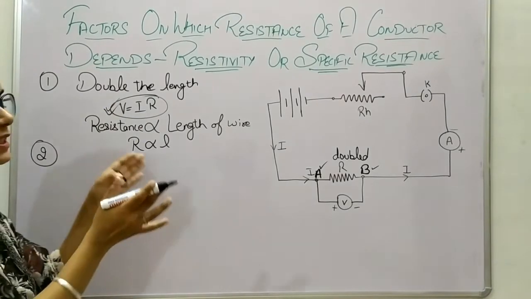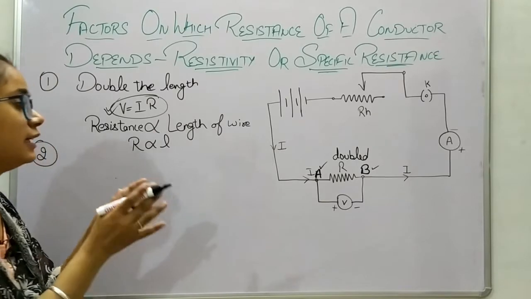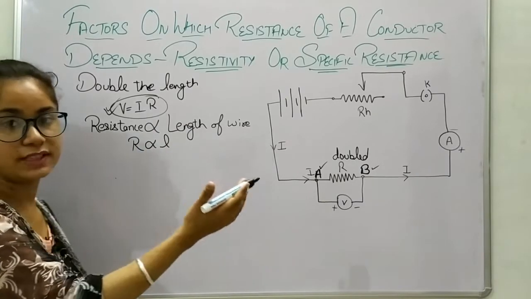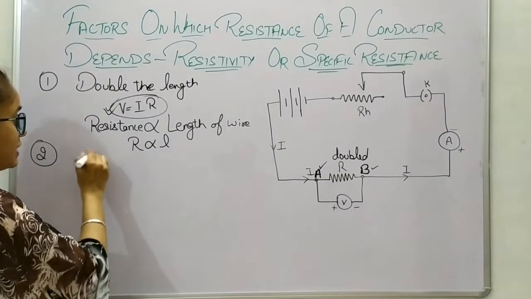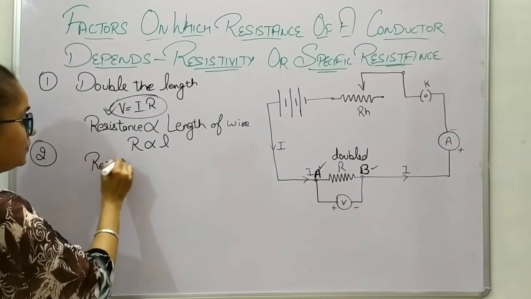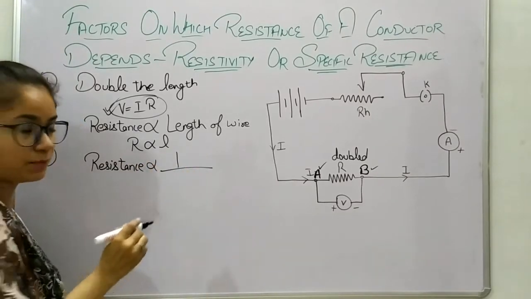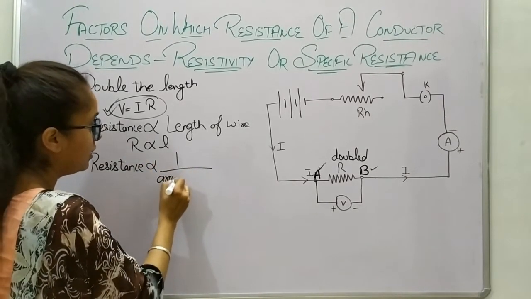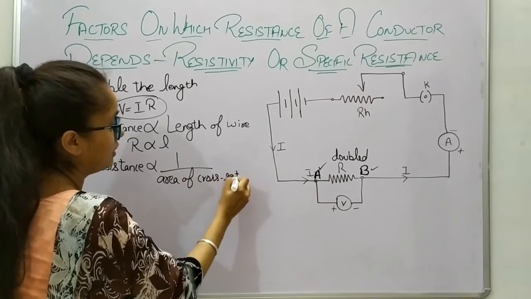As we reduce the area of cross section to half, the resistance of this wire gets doubled. That means resistance is inversely proportional to the area of cross section.